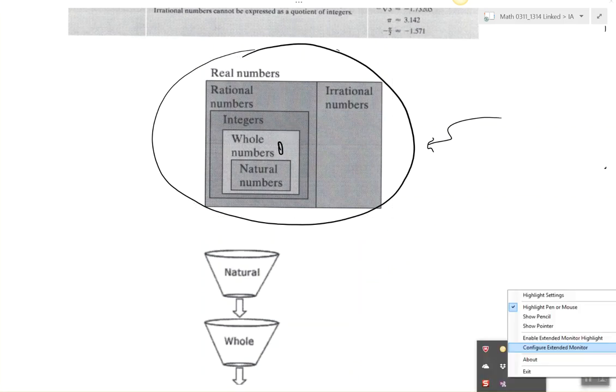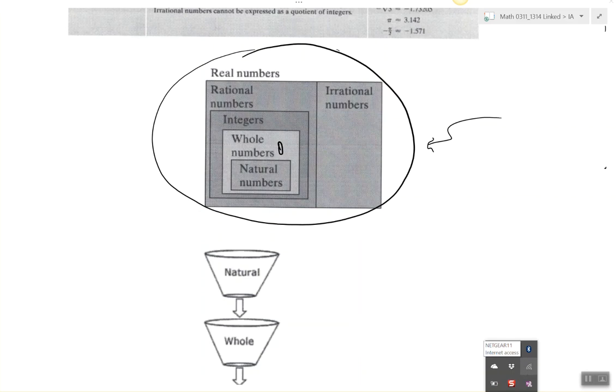Then the integers have the negatives and the positives and 0. The rational numbers add in all the fractions and the decimals. The irrational numbers are those crazy numbers like the square root of 2 or pi. The irrational numbers plus the rational numbers together make up the real numbers.